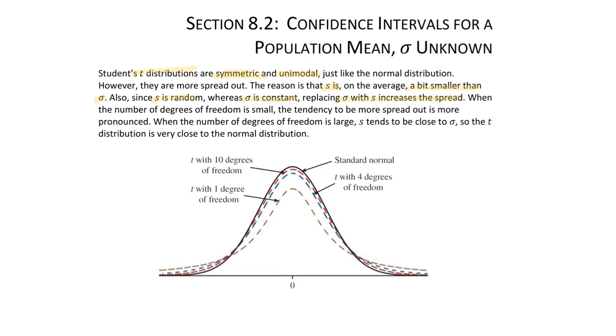So the t distributions are much more spread out than normal. When the number of degrees of freedom is large, S tends to be very close to sigma, so the t distribution is very close to the normal. In this diagram you can see the amount of the spread decreases as the number of degrees of freedom increases.